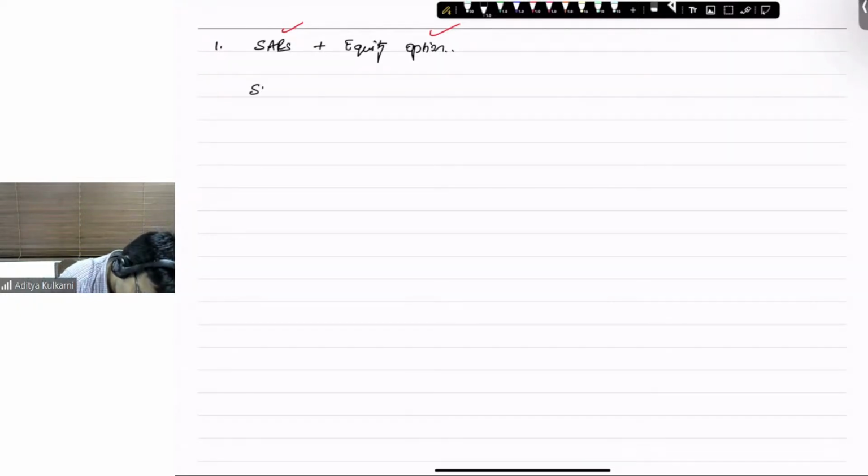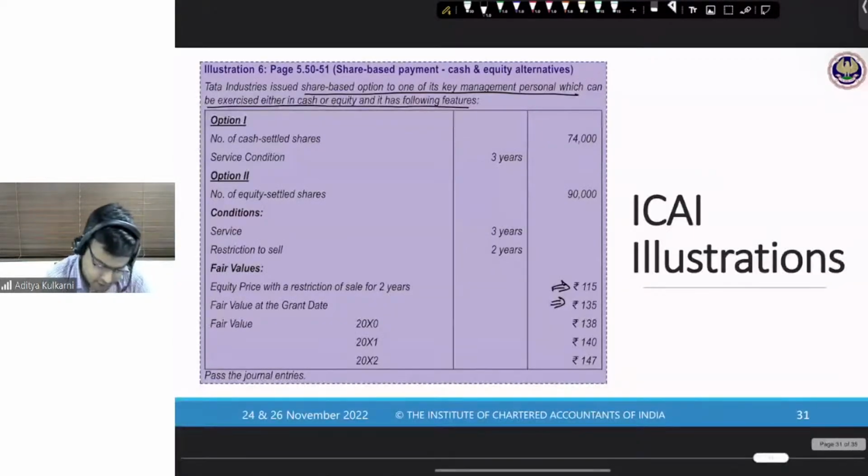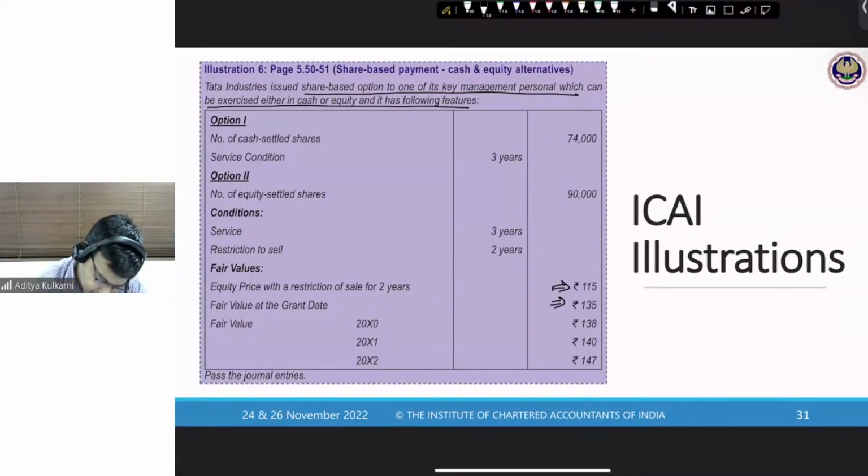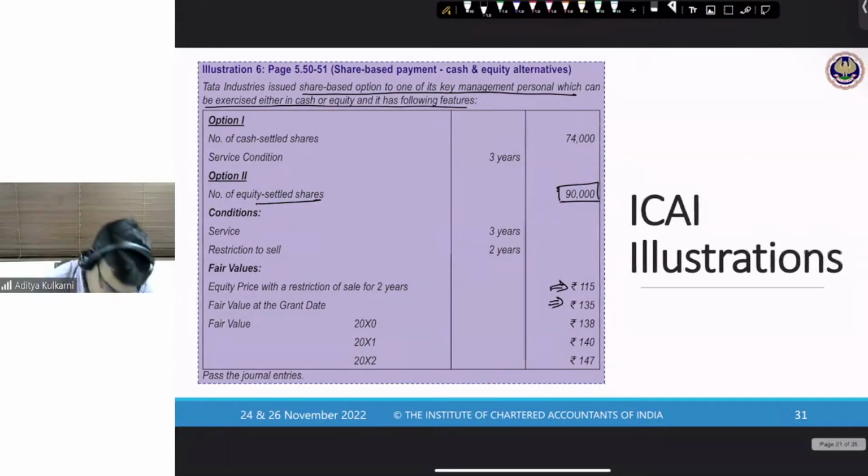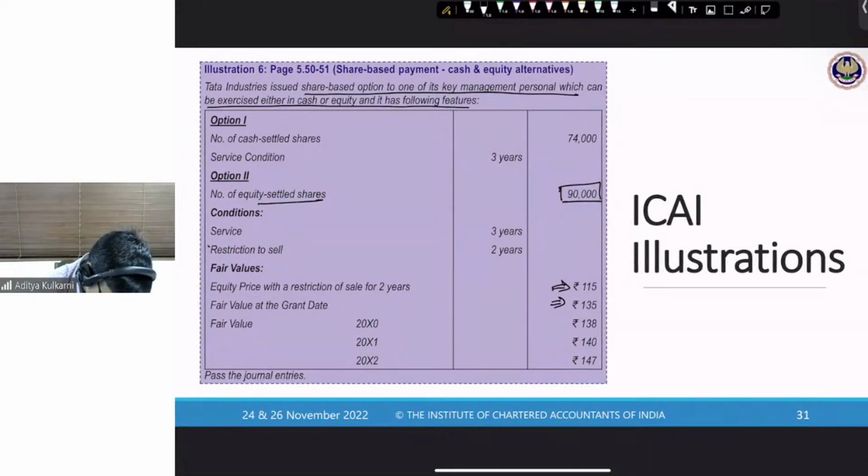Step one, let us proceed to calculate. You are having the option to take 90,000 equity shares. But these shares come with a restriction to sell. So can I take the fair value at grant date to be 135 in respect of the shares? No, you cannot.